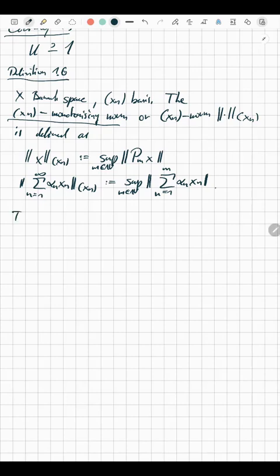And that will be our first big theorem, theorem 1.7. So X with some norm should be a Banach space, and x_n shall be a basis for that Banach space.